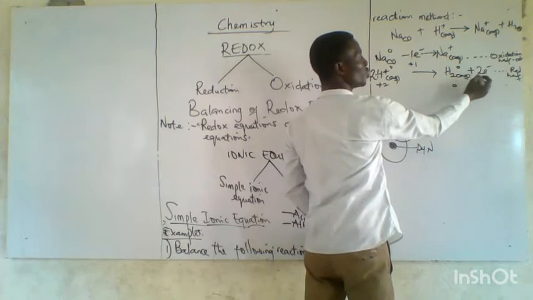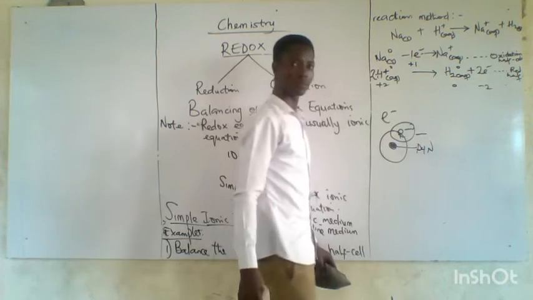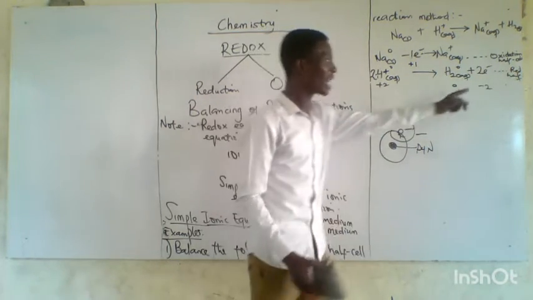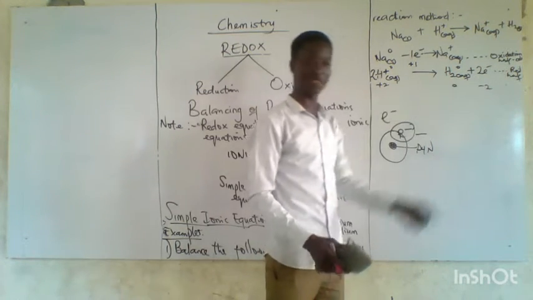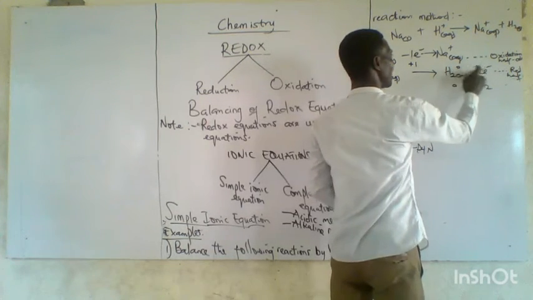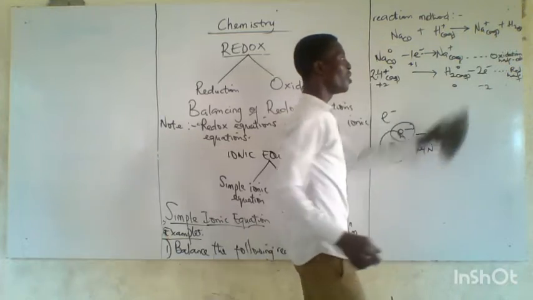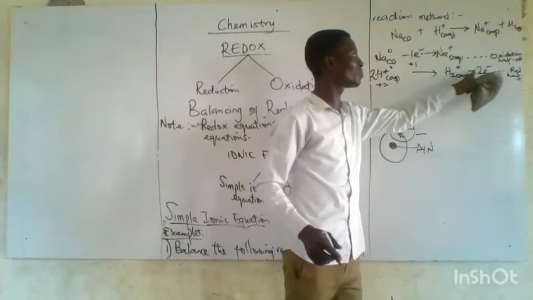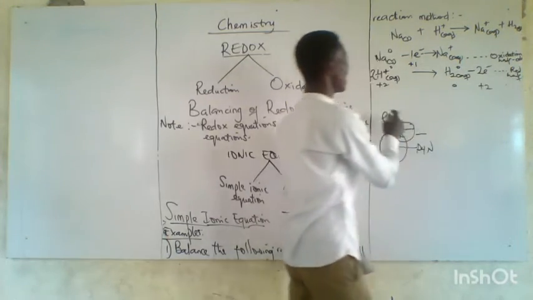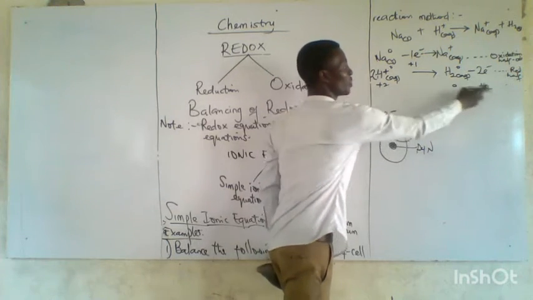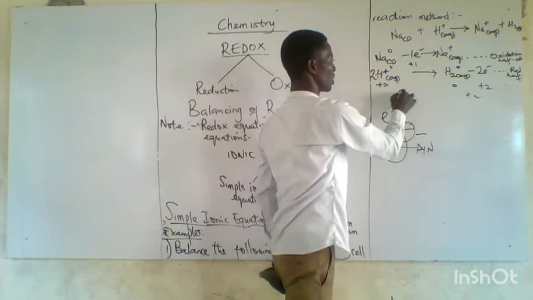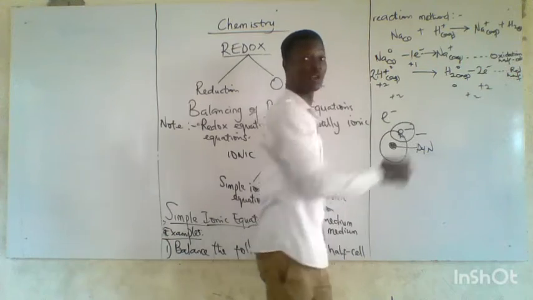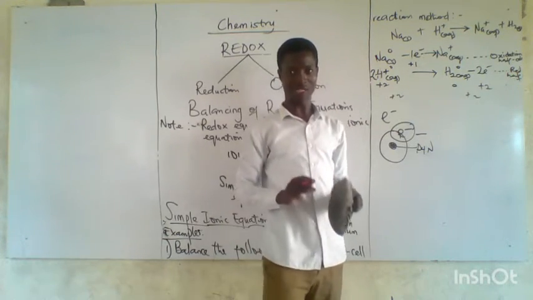Minus times plus 2 will give you minus 2. I have not added. Hence, I have to change the sign to what? Minus. So, minus times minus 2 will give me plus 2. Hence, 0 plus 2 will give you plus 2 at the end of the day, and plus 2 here. These two sides are ionically what? Balanced. Does that make sense?